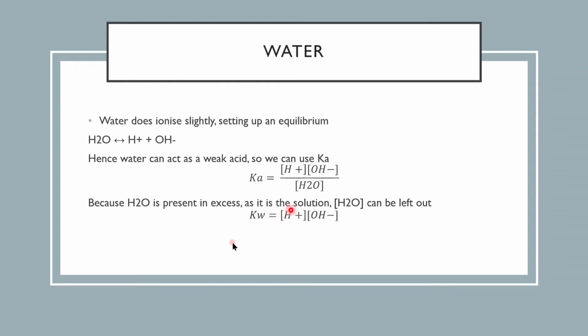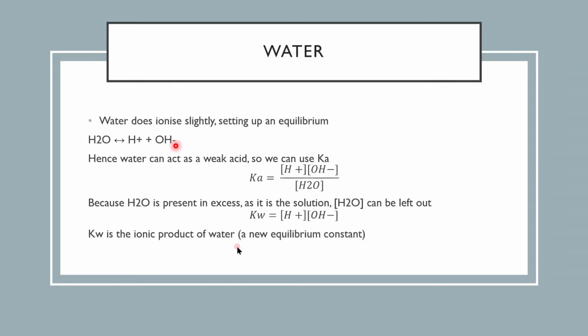Kw is our concentration of H plus times our concentration of OH minus. And this Kw is called the ionic product of water. This is a new equilibrium constant, and this is what we use for water.